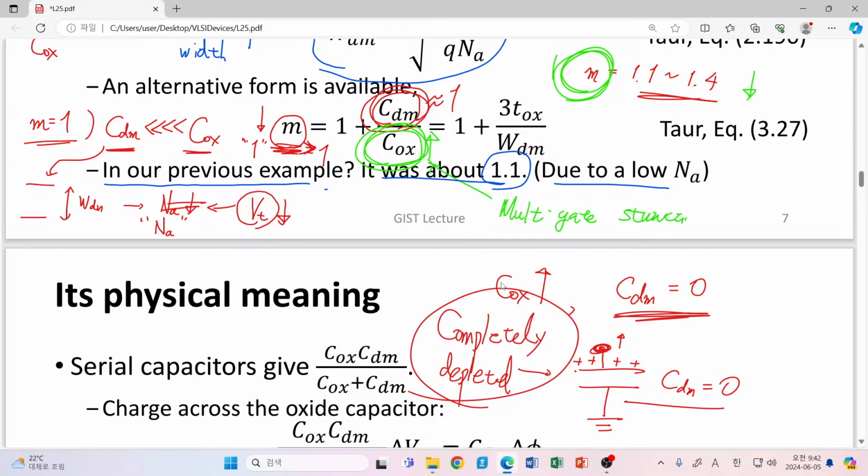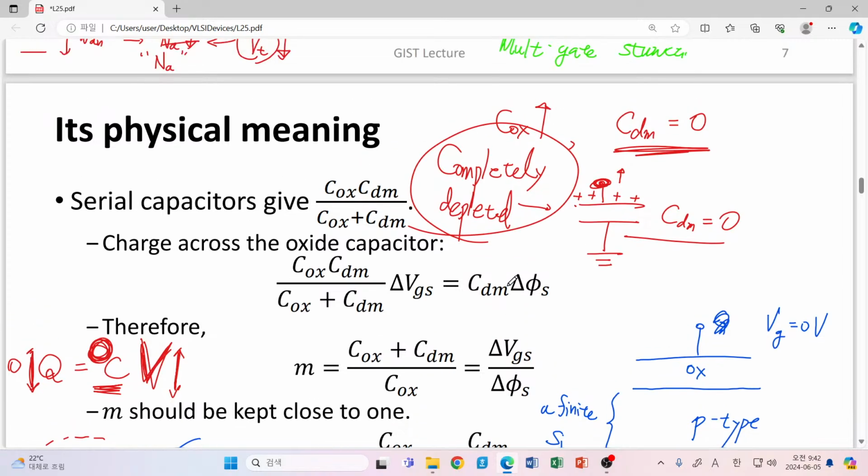In this completely depleted substrate, as I told you before, our depletion capacitance can be maintained as just 0. Wow. Then what will happen?